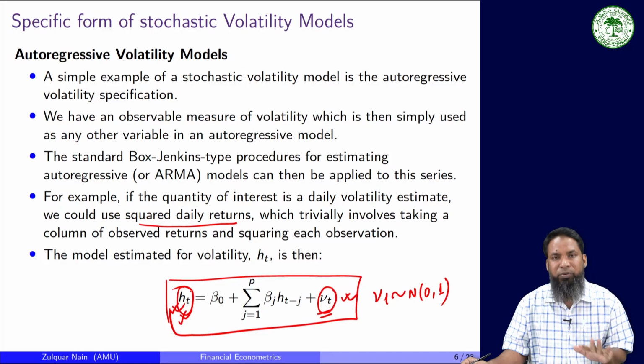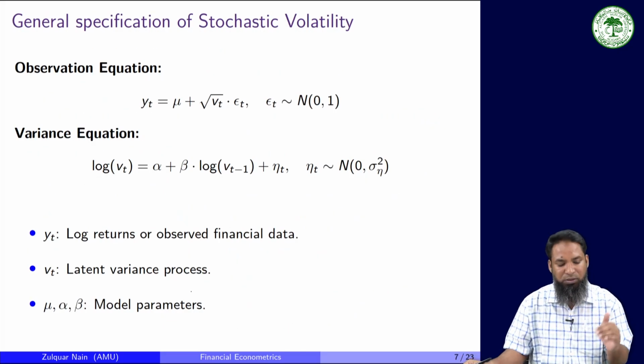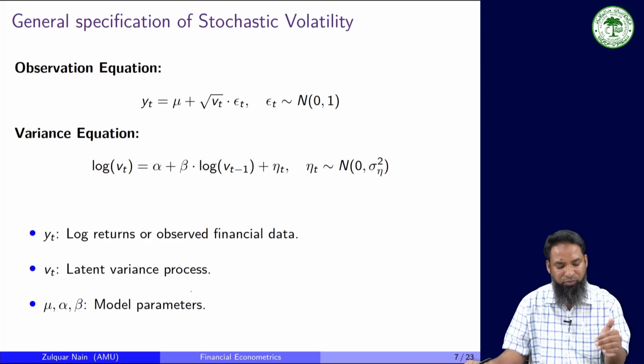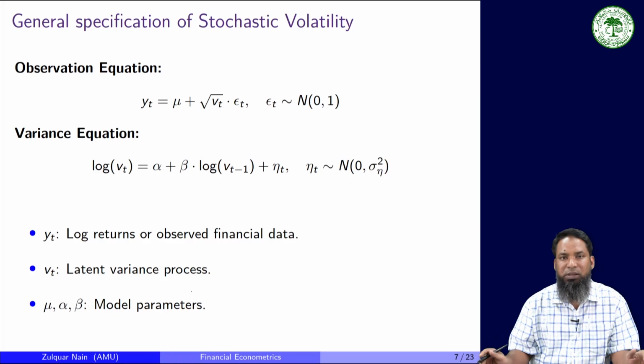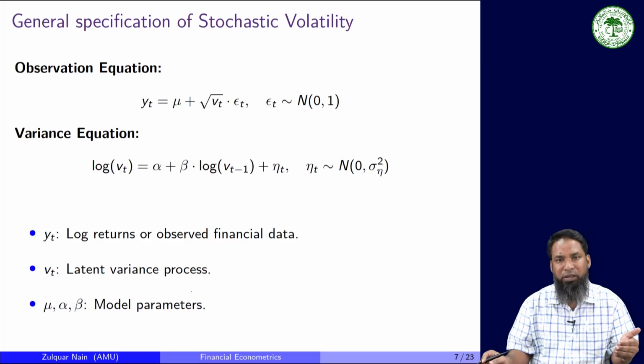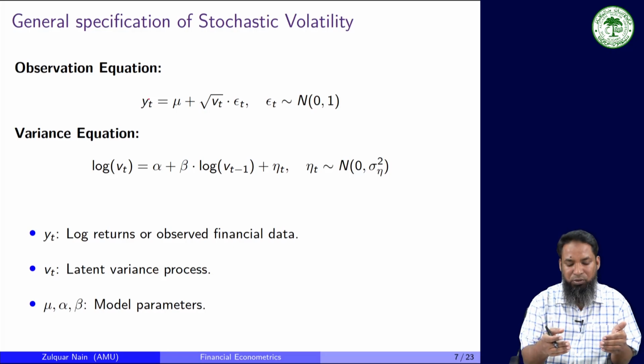The general form of the stochastic volatility models has two components. One, the observation equation. Second, the variance equation. The observation equation is similar to earlier, with y t, which earlier we used r t to represent. If it is return, we could replace y t with r t.